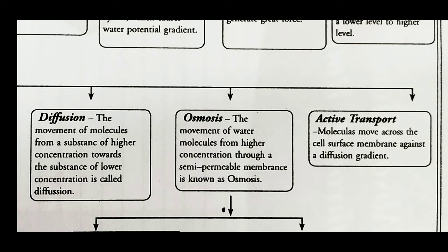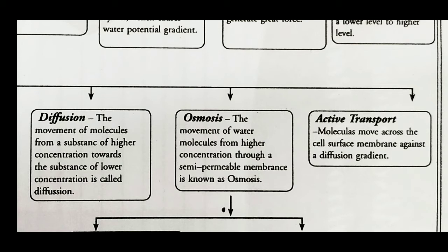Like water present inside the soil is sometimes in more quantity and sometimes in very less quantity. So when you put a lot of water in a bag and you put plant roots inside, there is a lot of pressure.